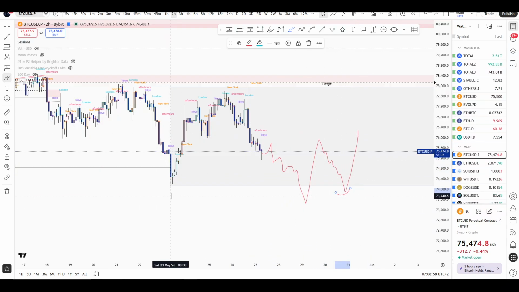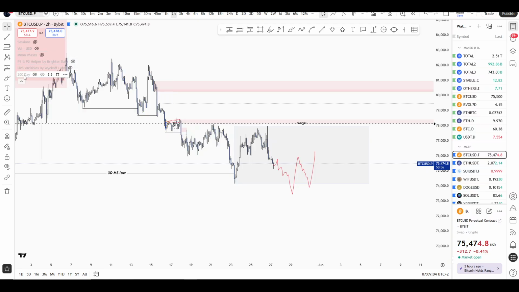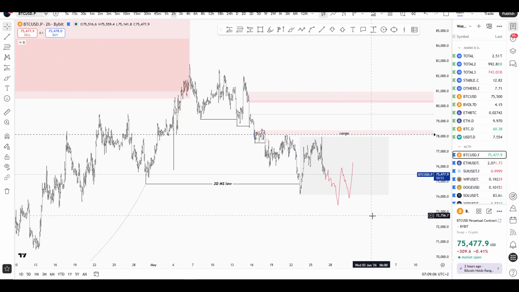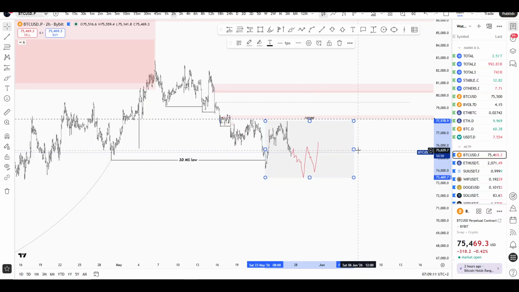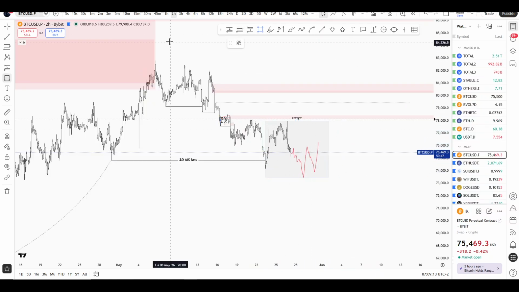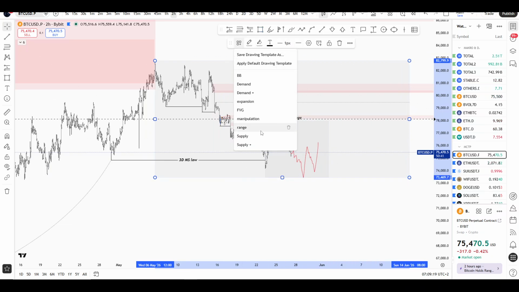You can see this trade took a whole week, but if we get the confirmations, this can be the low for the distribution up here.